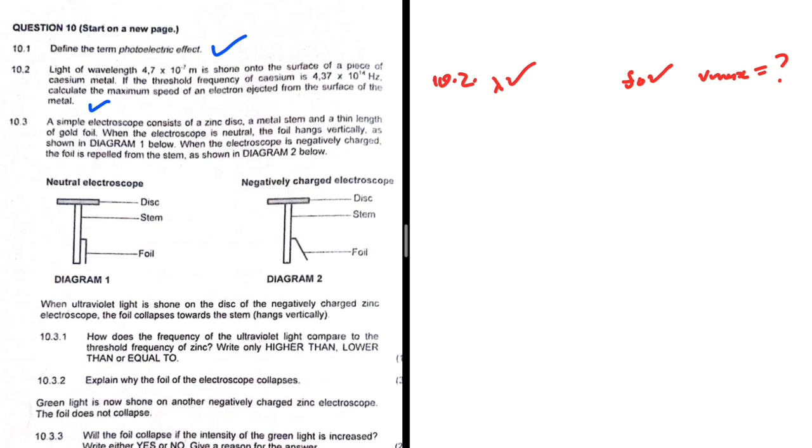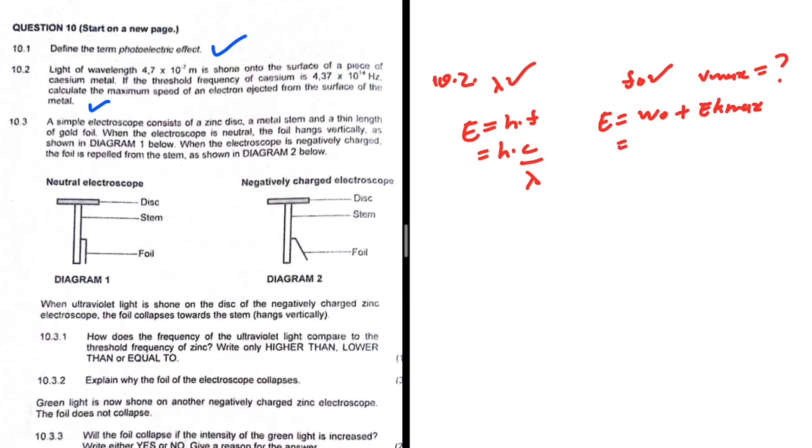Well, we know that E is equal to h multiplied by the frequency, right? But if you don't have the frequency and you have the wavelength, you can just use c divided by wavelength, c being the speed of light. So that is the energy. And then apart from that, we also have the energy being equal to the work function plus EK max.